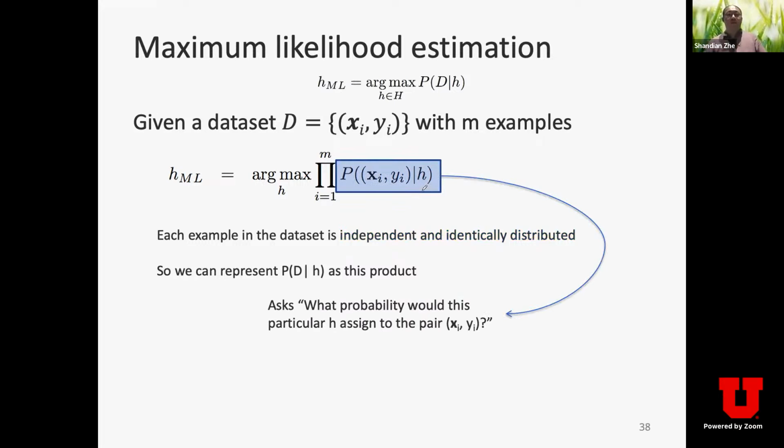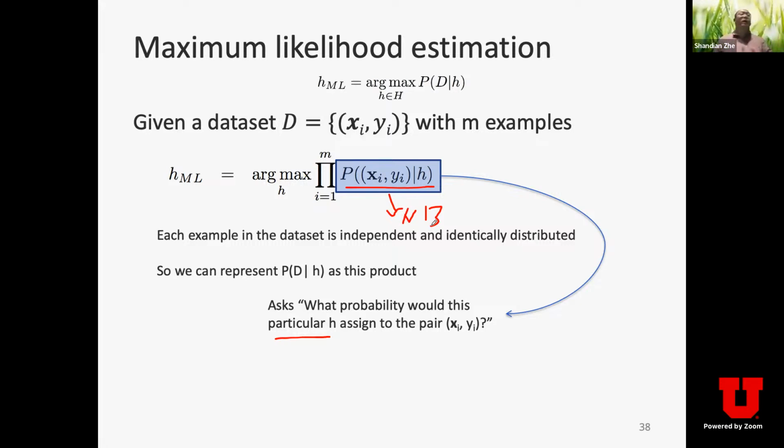So now let us look at what is the probability that h assigns to the pair (xi, yi). This actually corresponds to our naive Bayes classifier. Given h, what is the probability that you have seen the example xi and yi?